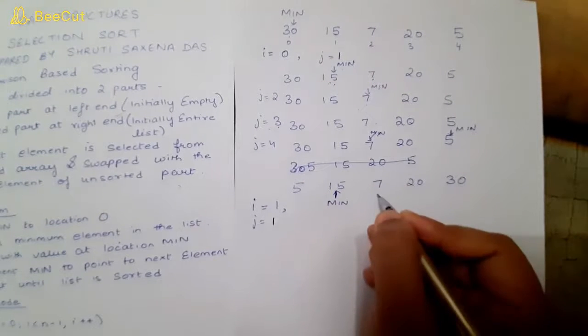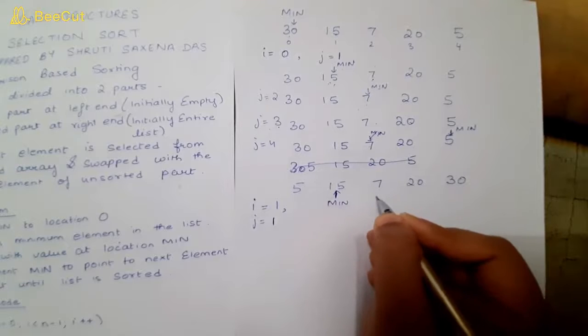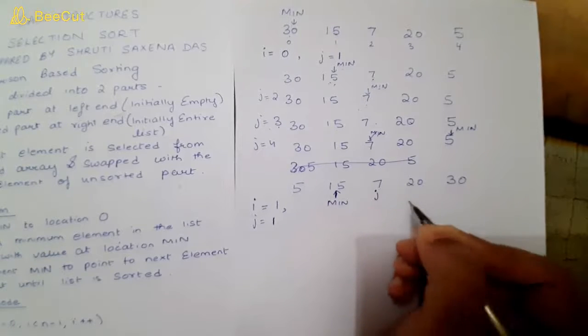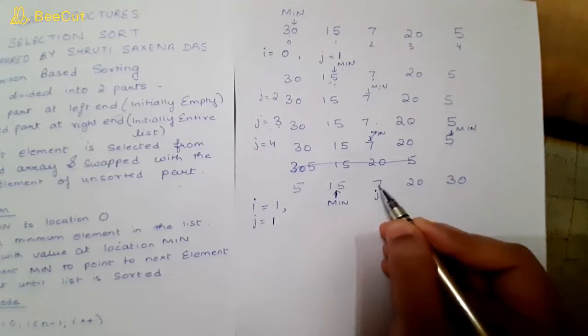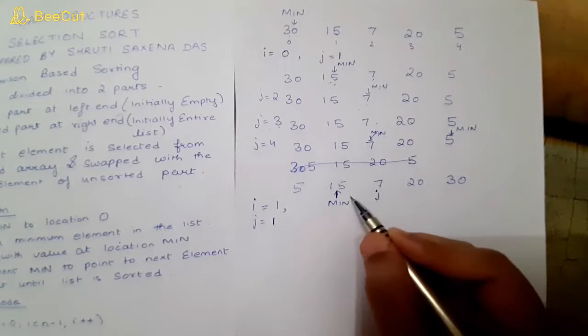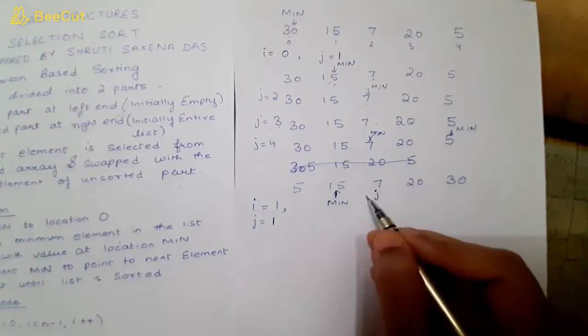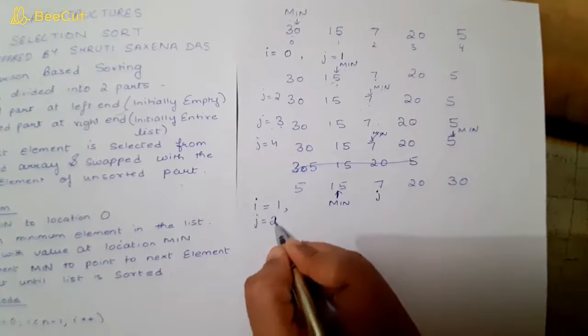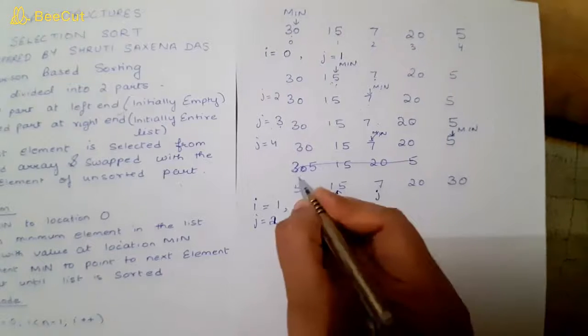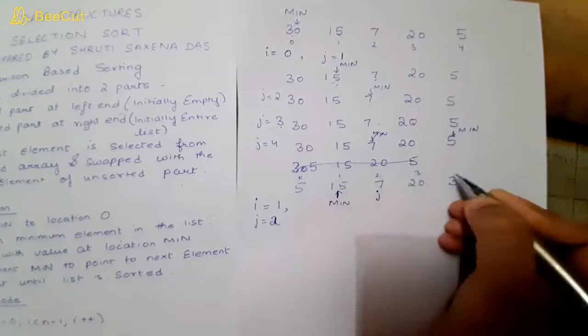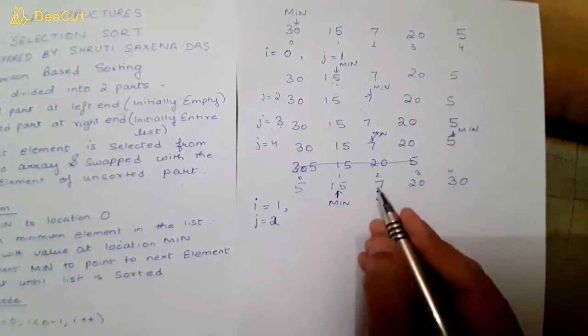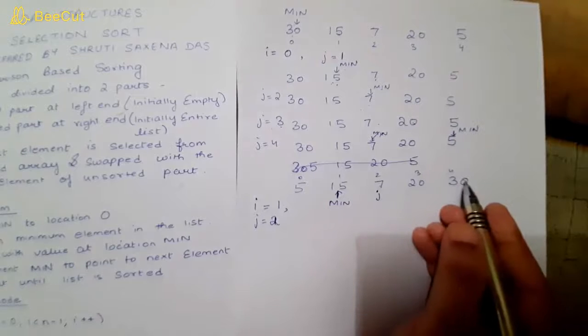After that the j loop will start from i plus 1, that means the j loop will start from here. i value is 1 over here, so j will start with 2. j equals 2, 0, 1, 2, 3, 4. Okay, j equals 2 till j equals 4.